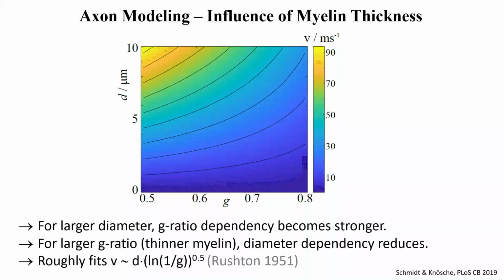And mathematically, this really qualitatively fits this age-old relationship that has been known already for 70 years now. Although there are some differences in detail. So this exponent of 0.5 is maybe a bit higher, maybe 0.7 or 0.8, according to our calculations, but qualitatively it is the same as has been known before.